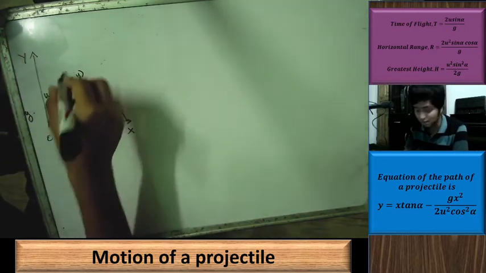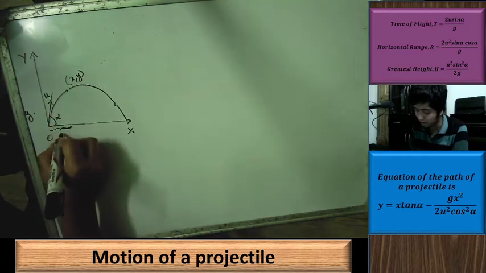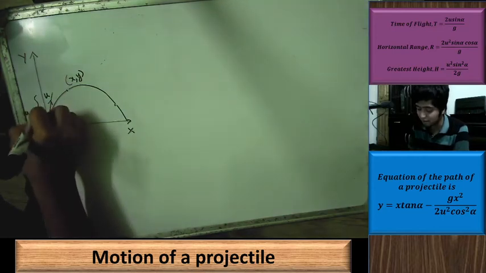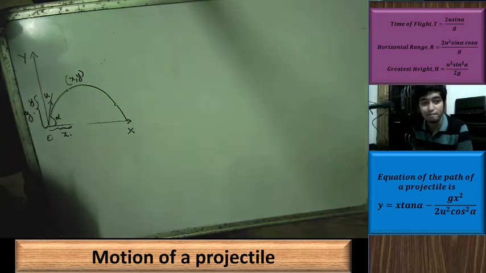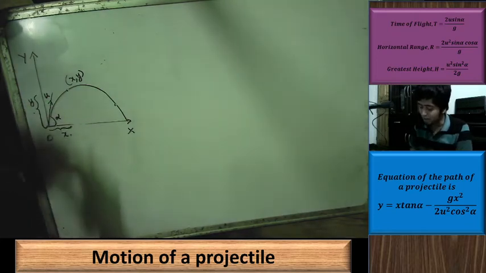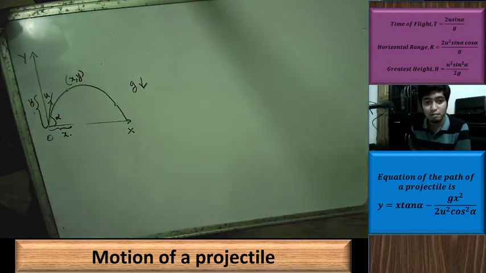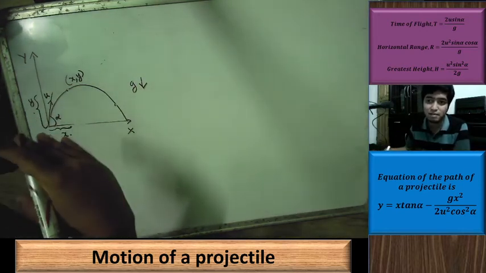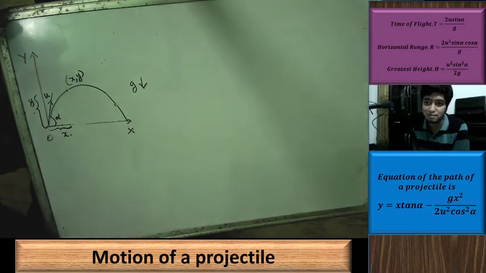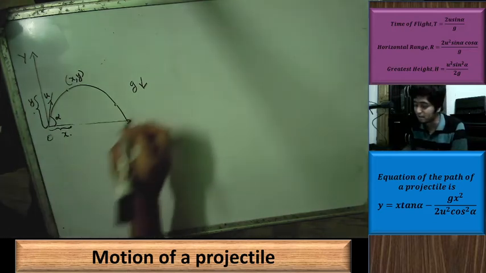Since (x, y) is a point, the horizontal distance is x and the vertical distance is y. You must remember that g acts downwards, but we have to be very careful in measuring the velocities and accelerations. We have to choose the direction.